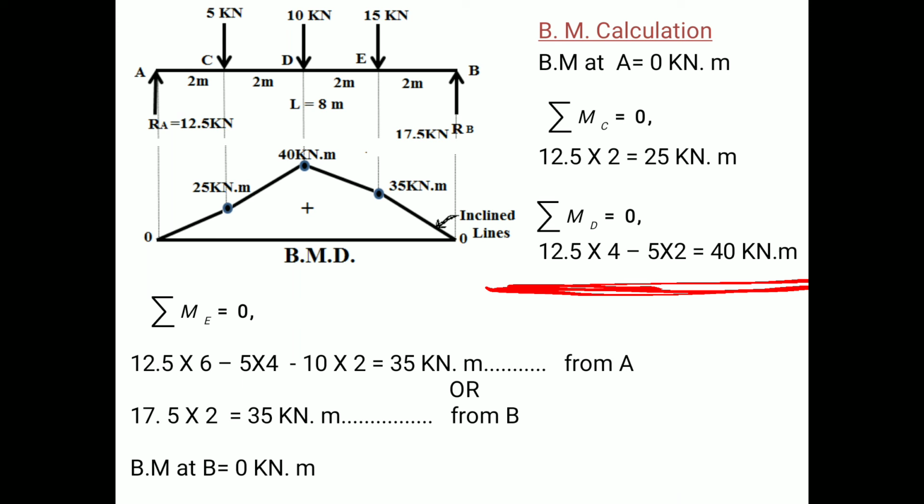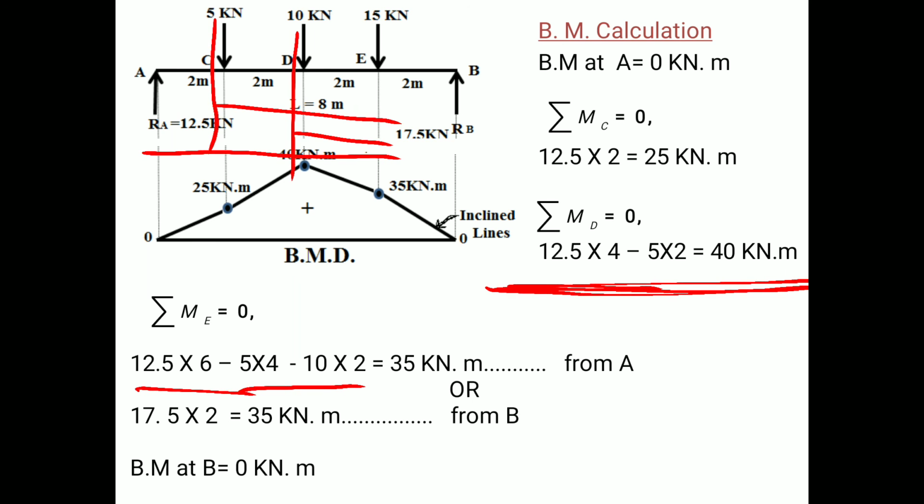We are going to calculate the value of bending moment at point E. Therefore, 12.5 kilonewton into 6 minus 5 into 4 minus 10 into 2, it will give you the value of bending moment at E, which is equal to 35 kilonewton meter from point A.